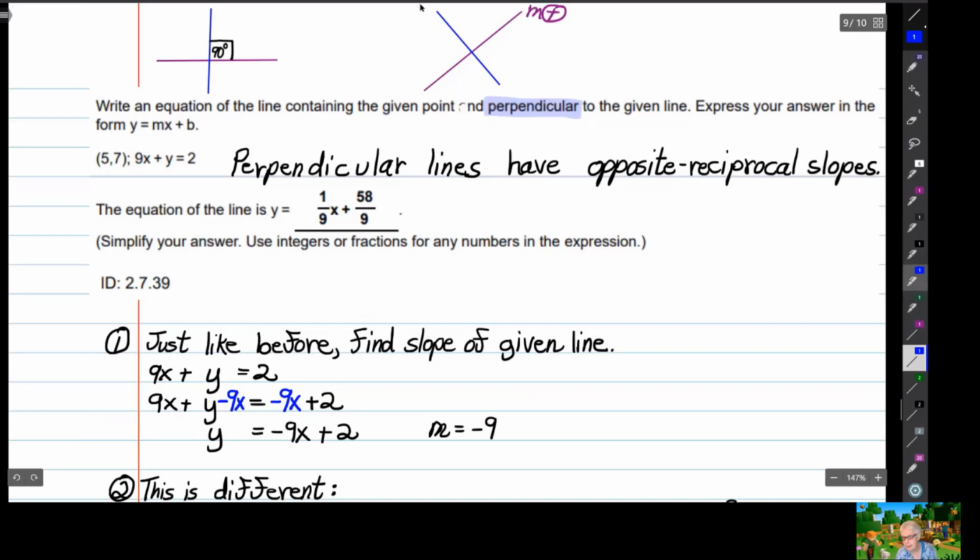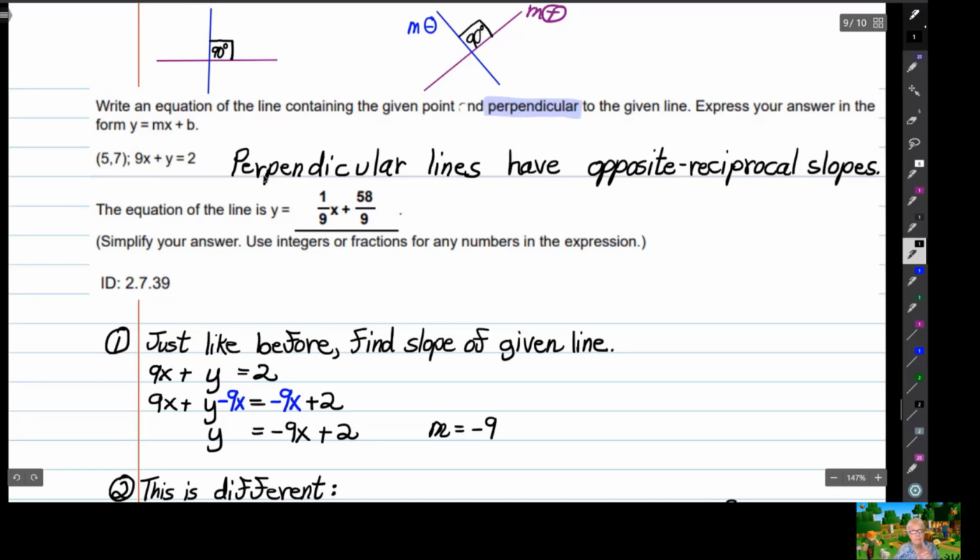This slope is negative. Almost good. m is negative. And you've got your 90-degree angle, and there, and there. So that's what a perpendicular line is.